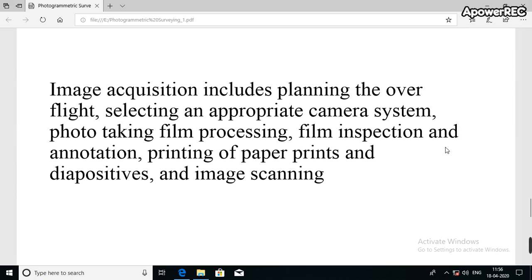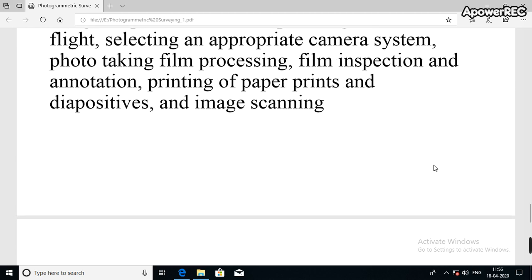First, image acquisition includes planning of the flight, selecting the appropriate area as well as the camera, taking the photo and its processing. After that processing, we go for printing of paper prints as well as diapositives, that means the positive of a film. And if required, we go for image scanning. So this is the first step.